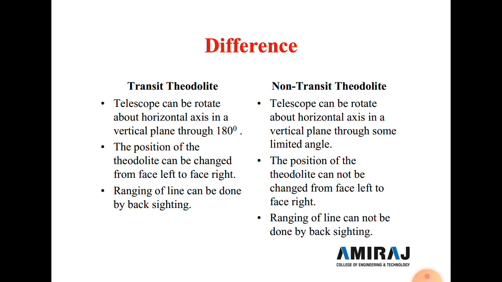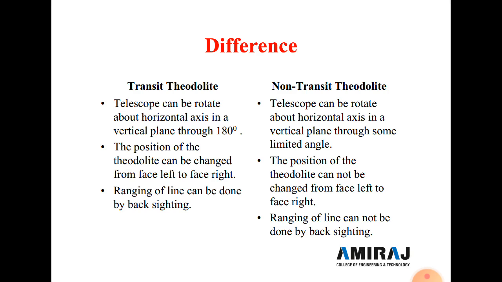If the telescope can be rotated about the vertical axis in a vertical frame through only some limited angle, it is known as a non-transit theodolite. In a transit theodolite, the telescope is totally rotated through 180 degrees, and the position of the theodolite can be changed from face left to face right.